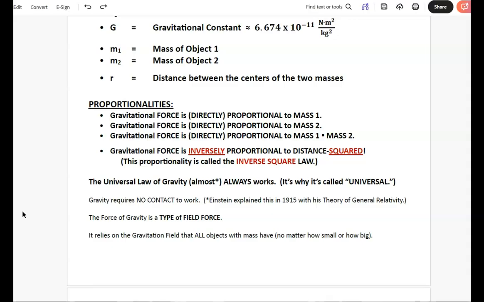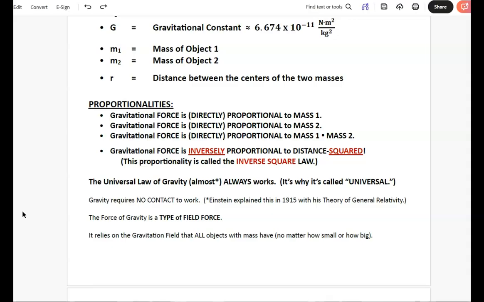It's a force that acts at a distance, and in fact, Newton referred to it as a spooky action at a distance, and he couldn't understand how gravity could possibly work if the moon and the earth aren't touching, if the earth and the sun aren't touching. How do you transfer this gravitational force? And this was actually worked out by Einstein as well in his general relativity paper. But that's a whole other discussion.